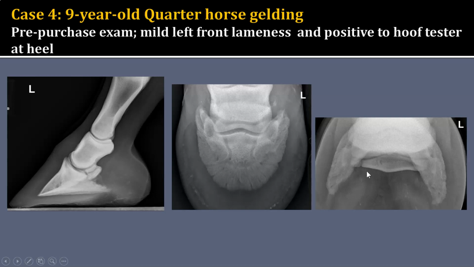This is most likely a chronic navicular fracture. And then this region right here is where the medial collateral ligament of the distal interphalangeal joint inserts. And so there's probably enthesopathy there that's associated with this chronic navicular fracture.